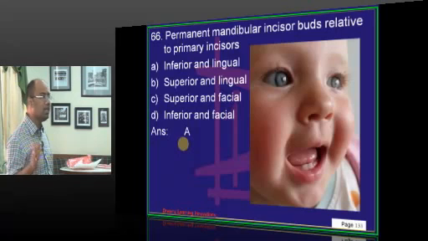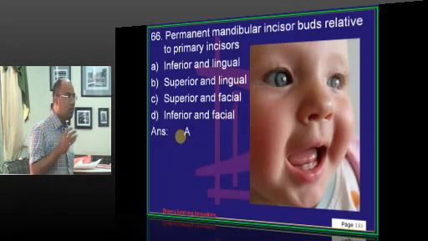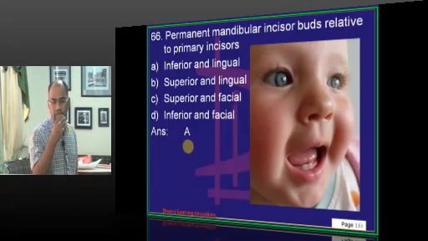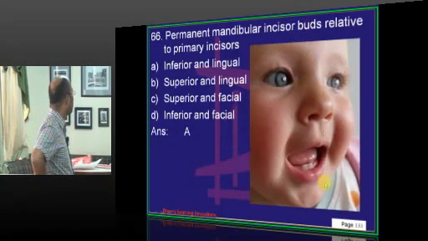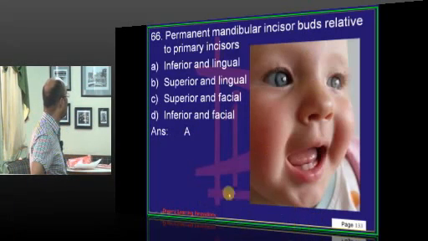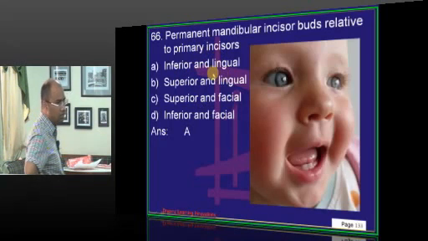So obviously any permanent or succedaneous tooth will erupt lingual or palatal only. Once the primary tooth falls off or exfoliates, the force of the tongue is enough to push the teeth into a normal arch position. So the permanent incisor buds are basically lingual and inferior.